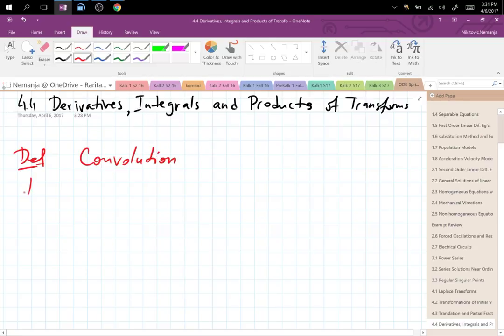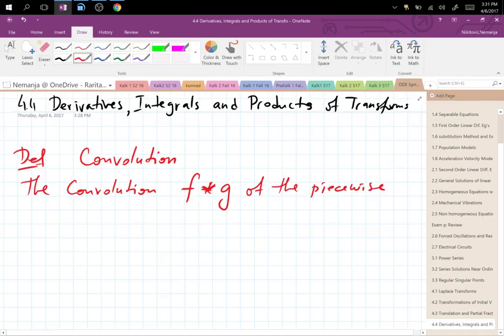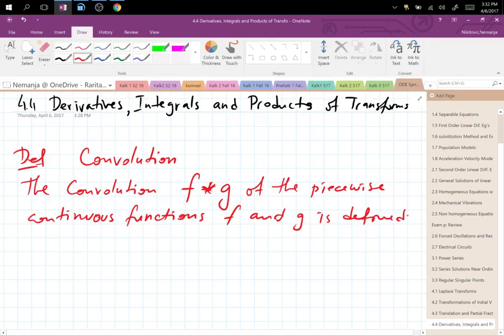Convolution. So the convolution f star g of the piecewise continuous functions f and g is defined for all t larger or equal than 0 as follows.